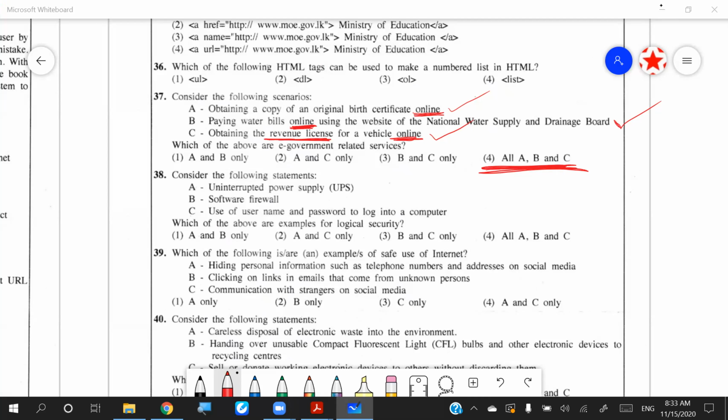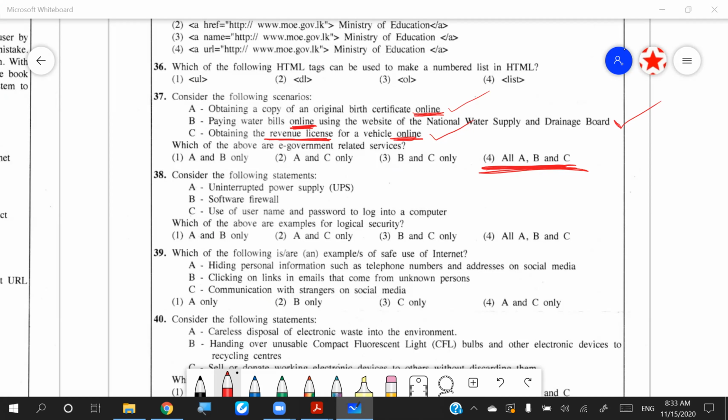Yes, Lalindi. You can go for 3 or 4. I don't know the reason they have omitted the third one, because birth certificates are issued by a government institute, as I know.